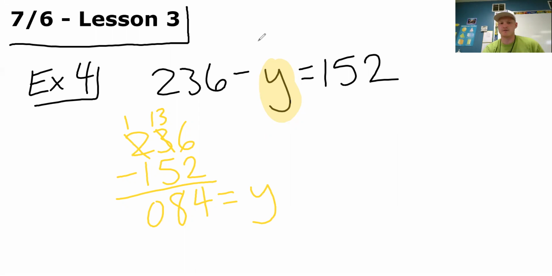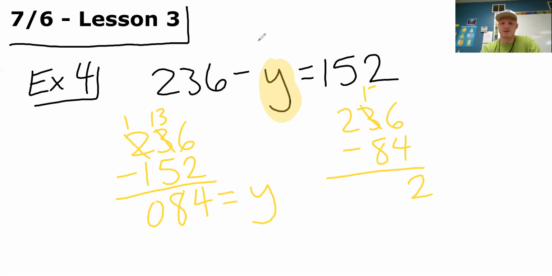Now let's check ourselves. To check ourselves, we're going to take 236 minus that value we just got, which is 84, and we're going to hope we got 152. If we did, we got the right answer. So 6 minus 4 equals 2. How many times does 8 go into 3? It does not.